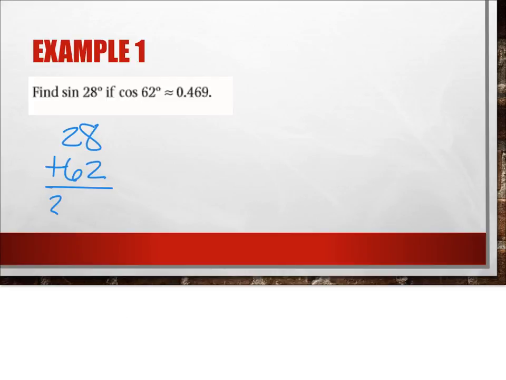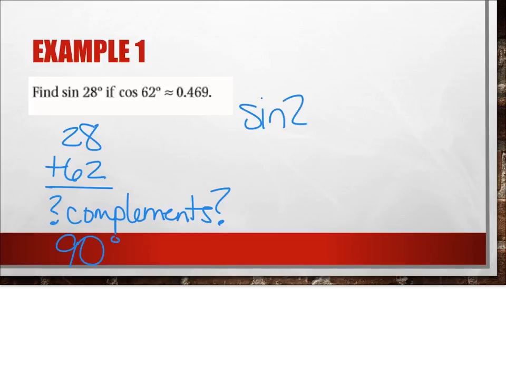We want to double check if those are complements, complementary angles. 28 plus 62 is 90 degrees, so they're definitely complements. That means the sines and cosines of each other would be the same. So you can check it out on your calculator, but the sine of 28 degrees will be 0.469. Simply because the cosine of that complementary angle is 0.469, and that's all there is to answering it.